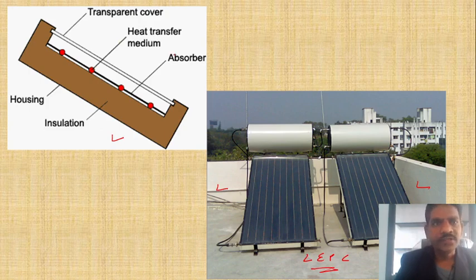What are the components? The first component is this transparent cover. Then this is the absorber. This is the tube, through which the fluid, the heat transfer medium, is circulated. Then this insulation is provided, and this is the casing or housing. So this is the design of LFPC.